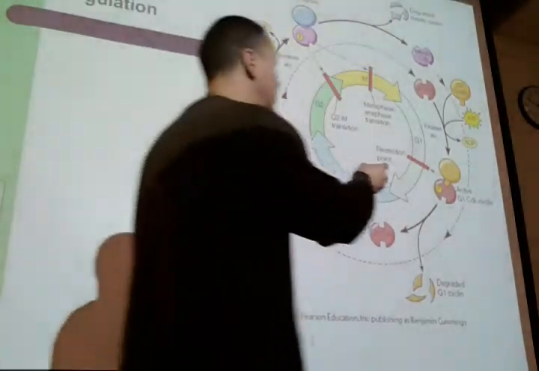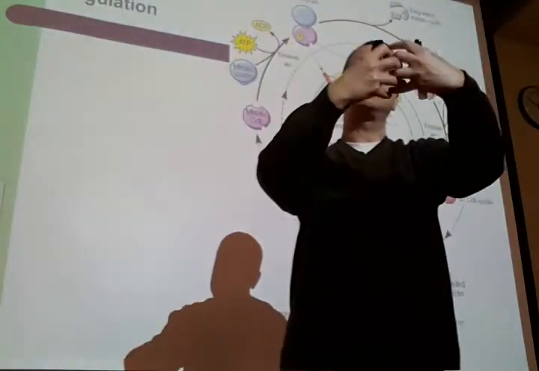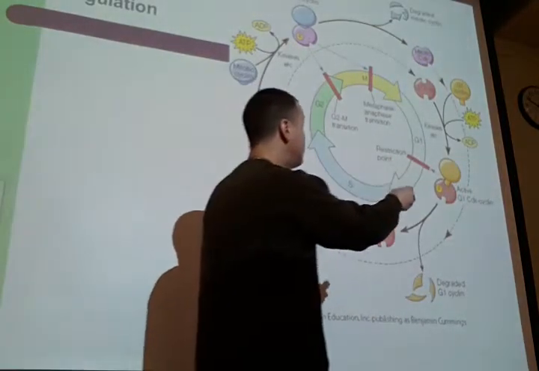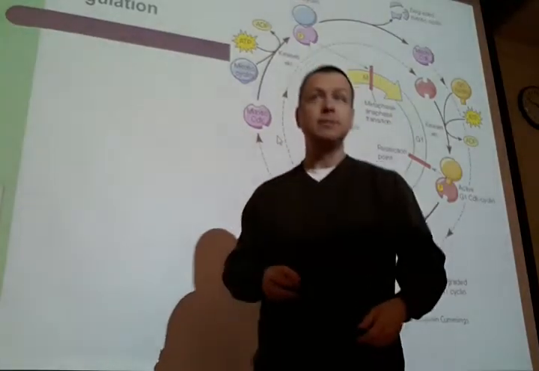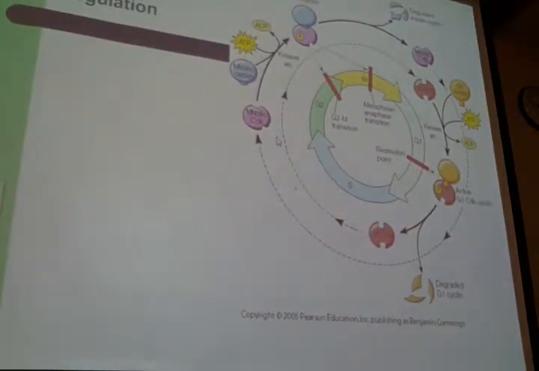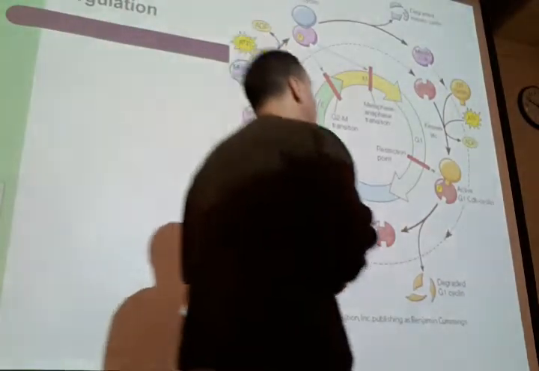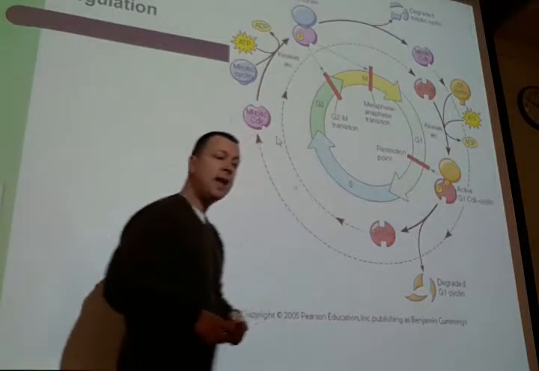And when that G1 cyclin's concentration gets to that Km value, hey, now they can get together. When they get together, the CDK is now active. Active kinases phosphorylate things.